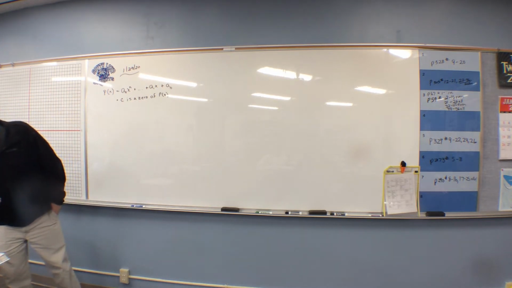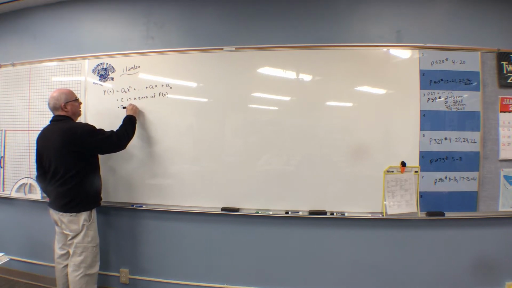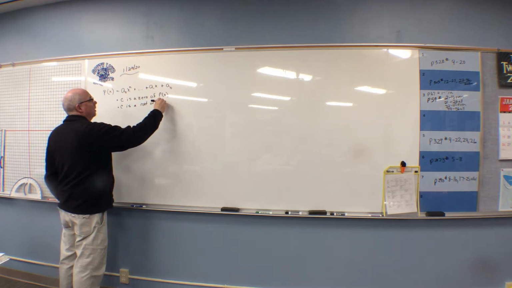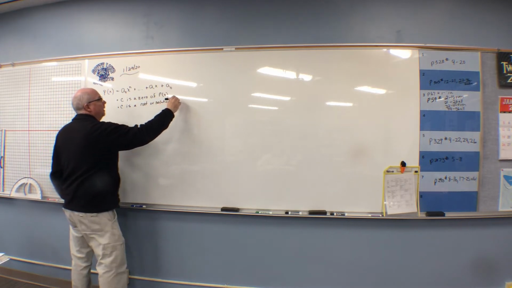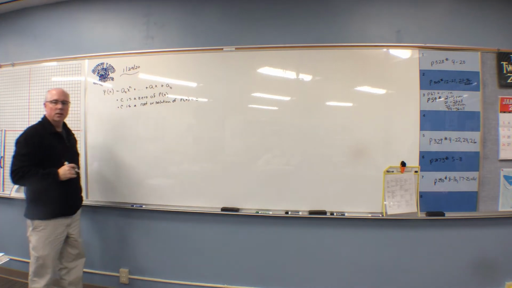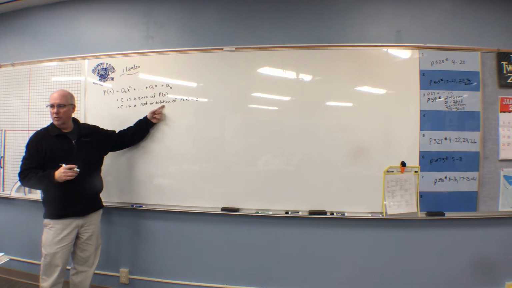The next thing is that c is a root or solution of p of x equals 0. So if you set the function equal to 0 and you factored it, then c is a root or solution of it if you solve for it.